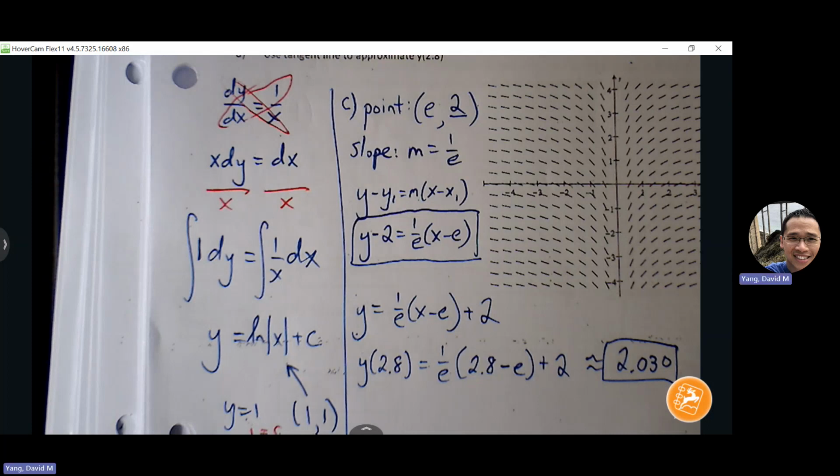Yeah, we do have to move that 2 over to the right side and solve for y.